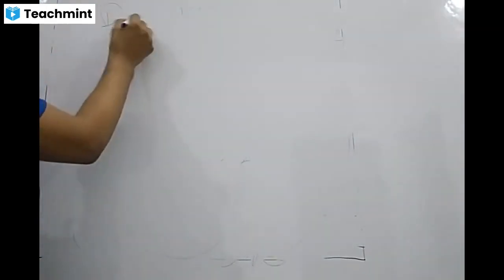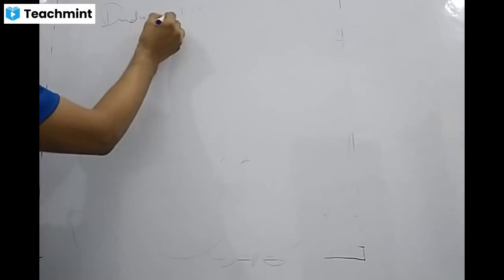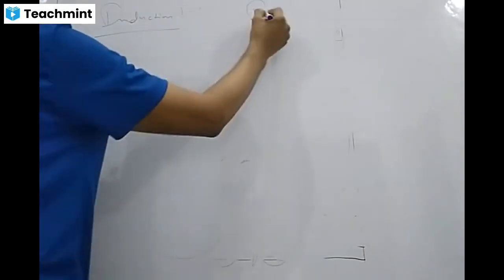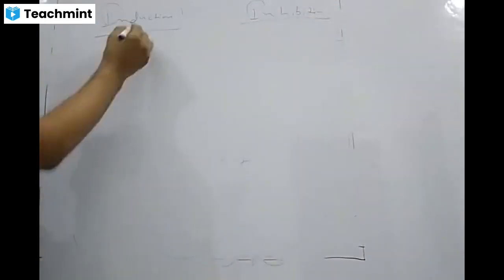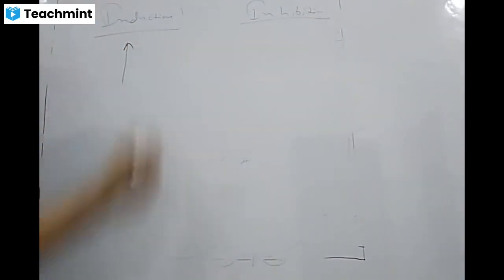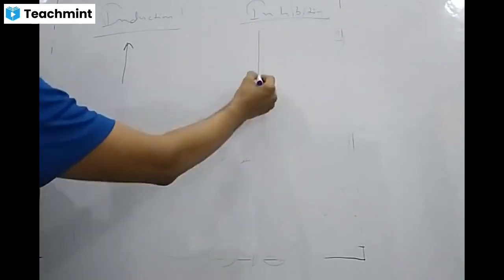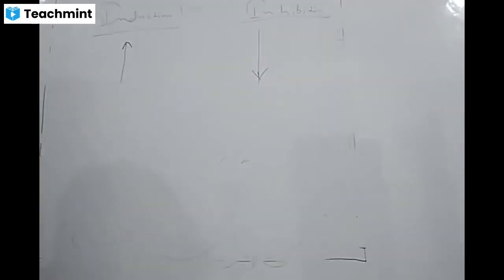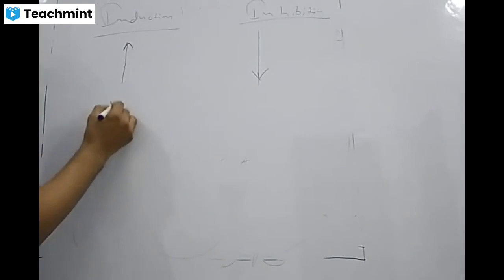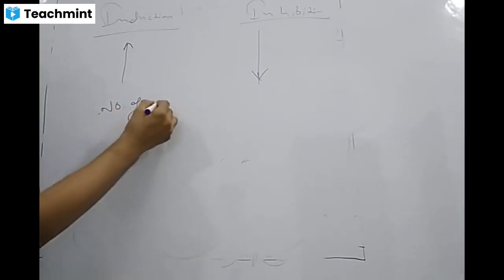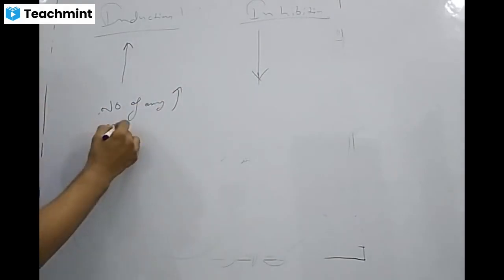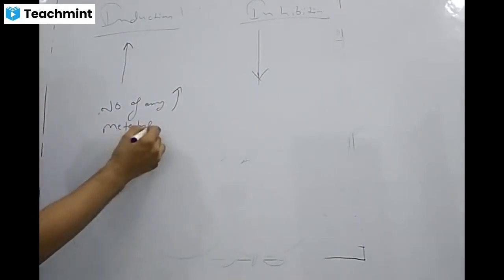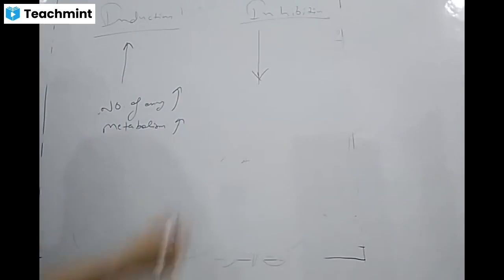So what is the clinical importance of this concept, induced or inhibited? In case of microsomal induction, everything increases. In case of inhibition, everything decreases. Like the number of enzymes increases. If the number of enzymes increases, they will metabolize more, so metabolism increases.